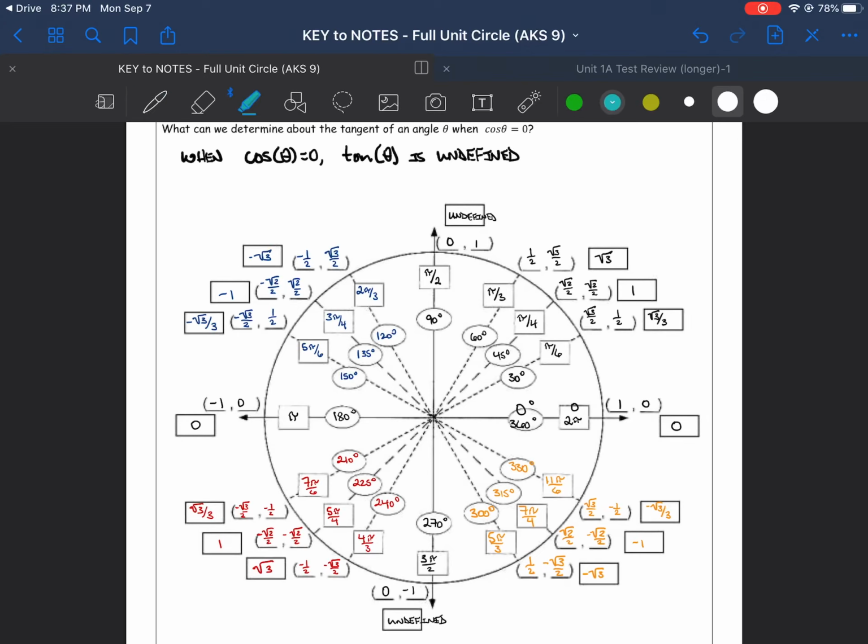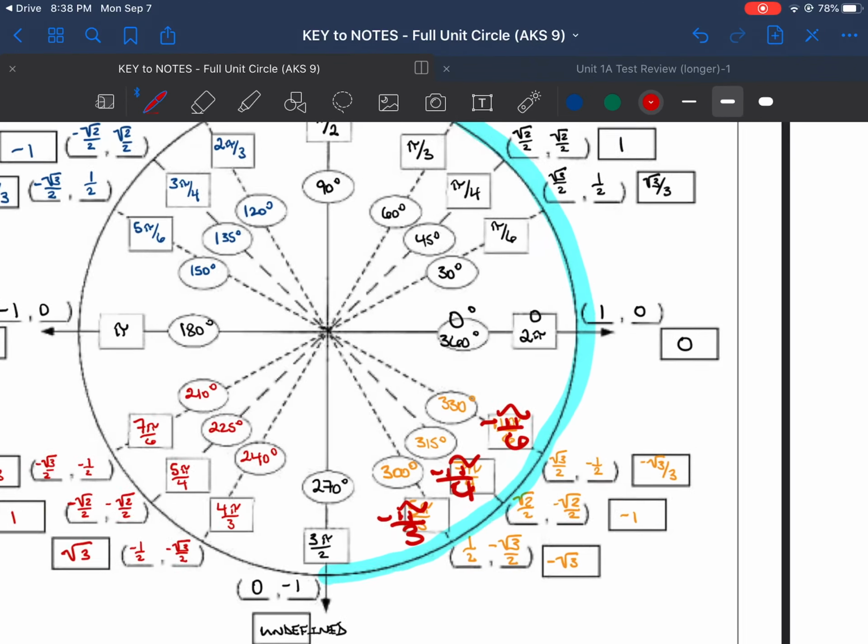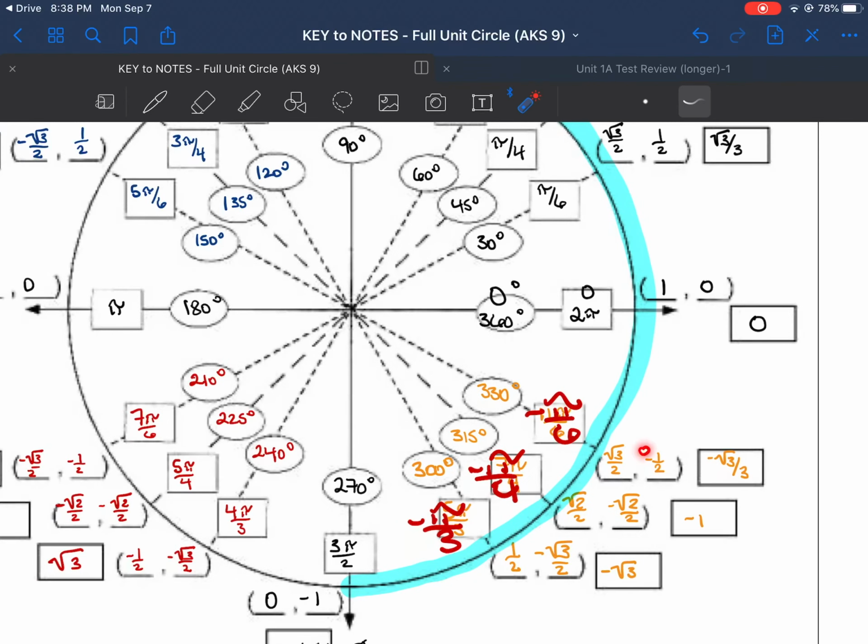So let's look at our restricted domain. Again, here's negative pi over 2 to pi over 2. And just for posterity's sake, I'm going to go ahead and convert our negative angles. All right, so we want to find an angle theta that has a sine value of negative 1/2. Remember, the sine value is the y value.